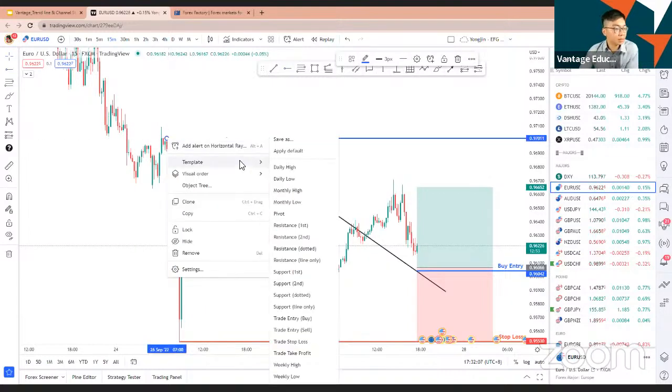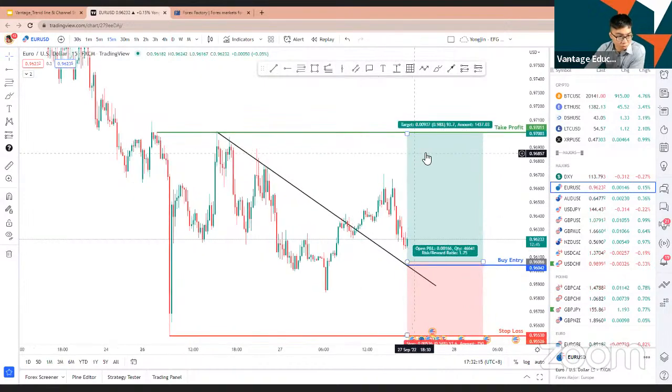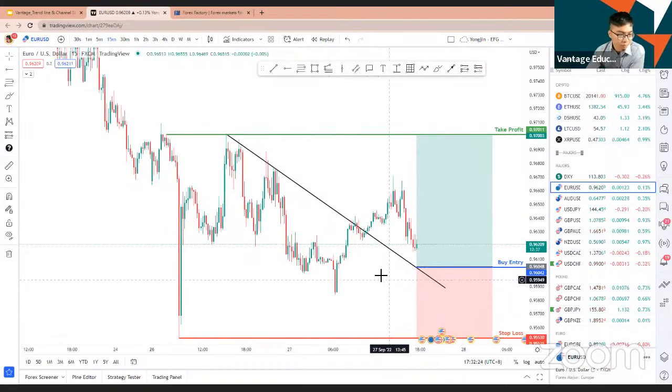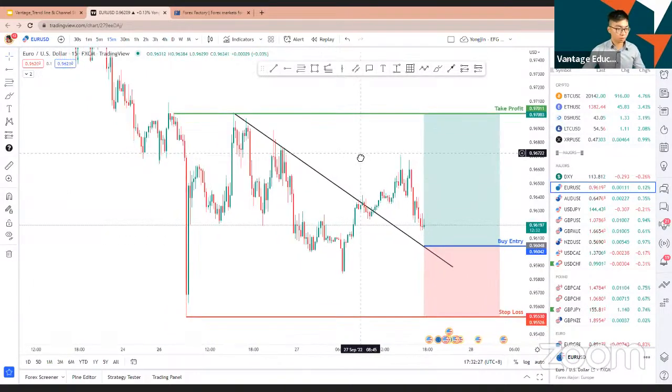It's just an analysis. This is not a signal. This is just a trade analysis. So if this goes right, it might be a 1 to 1.84 risk to reward. Okay, this is for euro dollar.